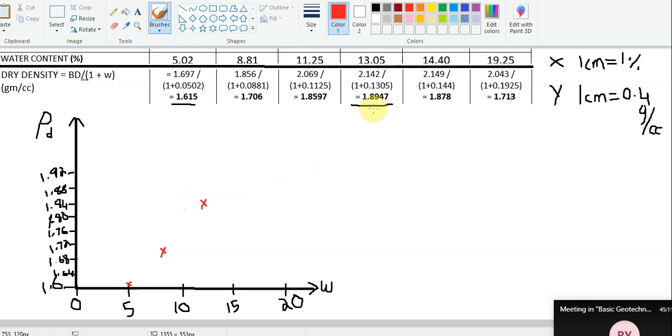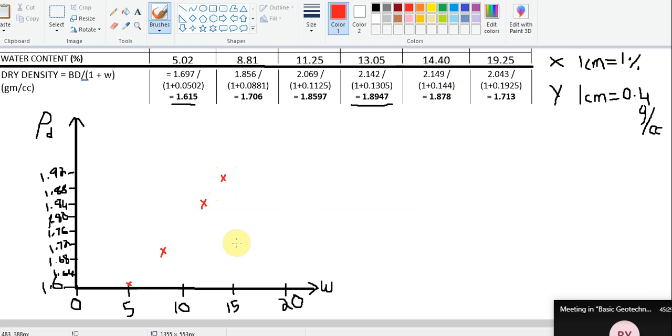Next, this is 1.89, that is approximately 1.9. This is 13. So 13 is here, 1.89 is here.